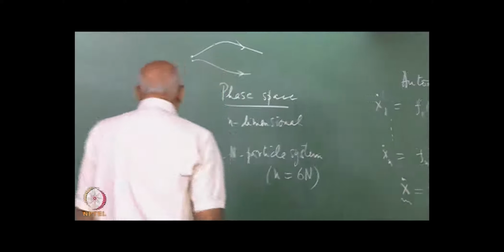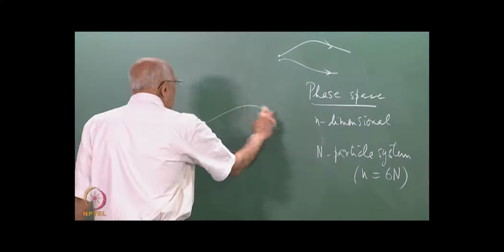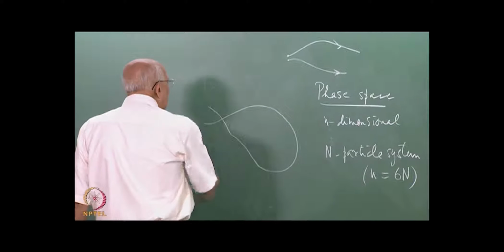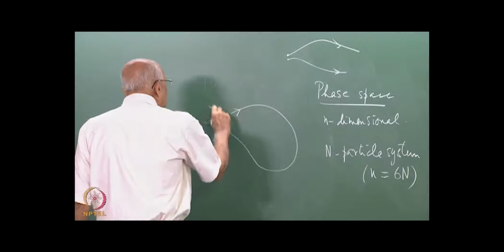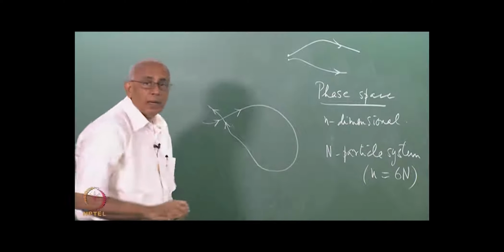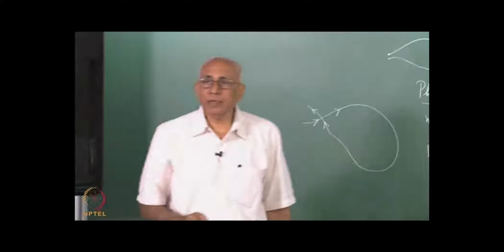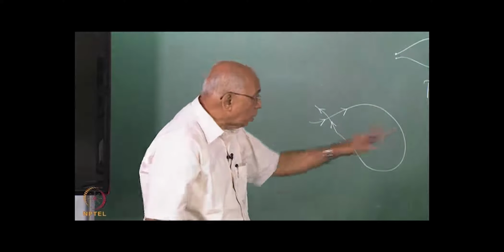Well, one possibility is this. It could go out like that and it could come back, and one might ask, is such a thing possible in a phase trajectory? And the answer is no. Such a self intersection is impossible for an autonomous system.